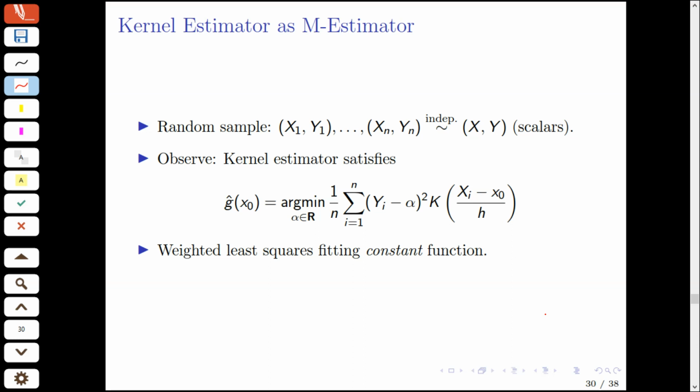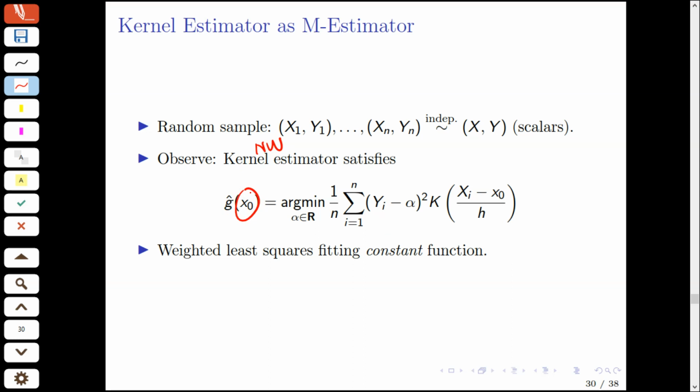Going back to our setting with a scalar regressor, one may show that our kernel estimator, or nonparametric estimator, can be expressed as the unique solution to a minimization problem, where what we're minimizing is the sum of least squares weighted by the kernel contributions, and where we are fitting a constant function to our outcomes at each point x0.